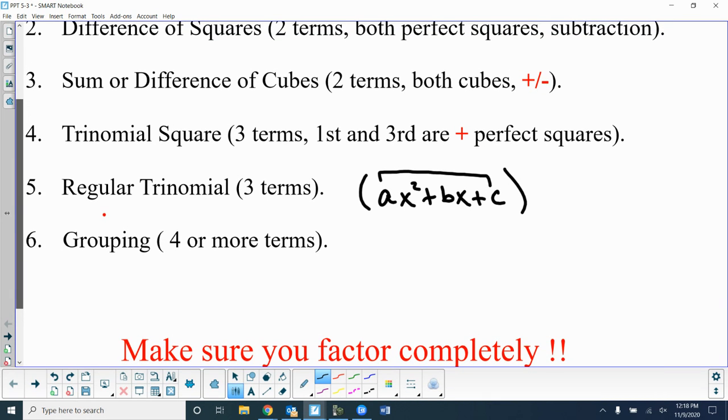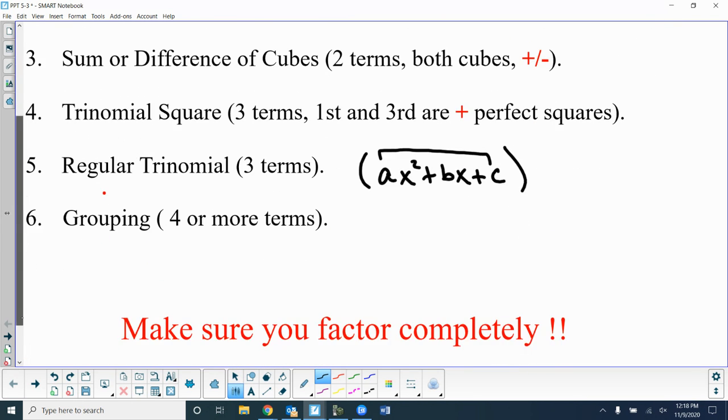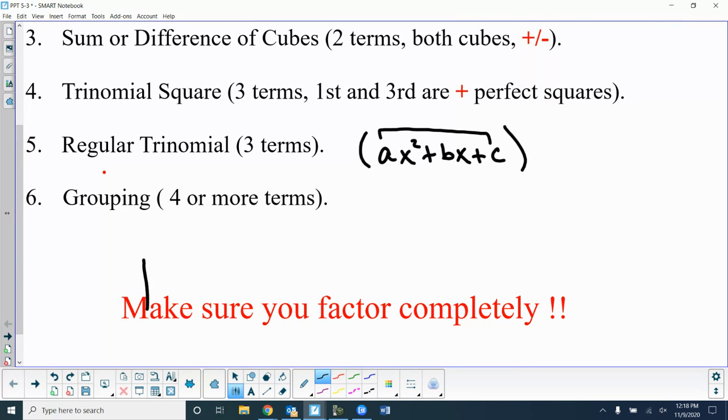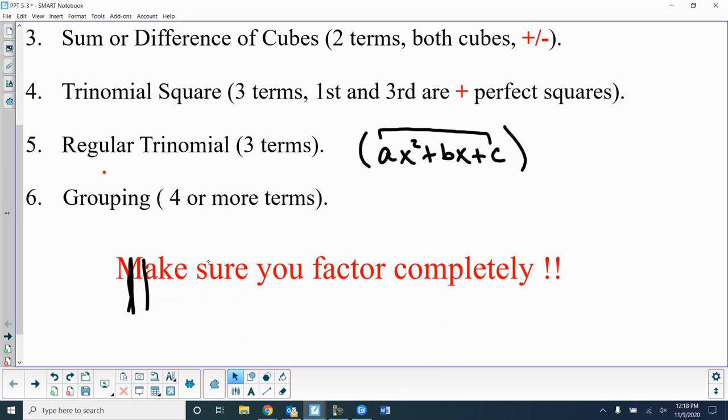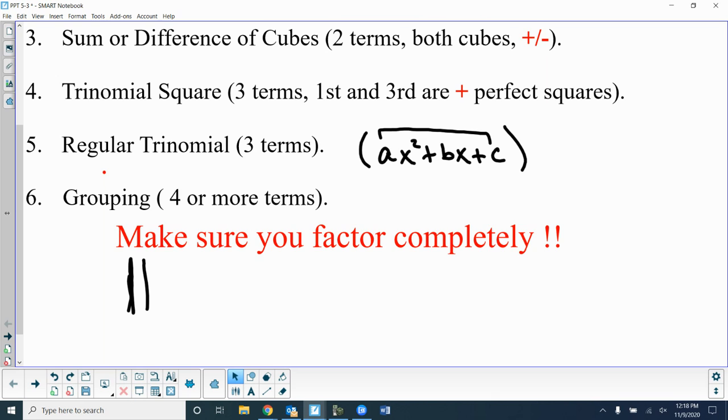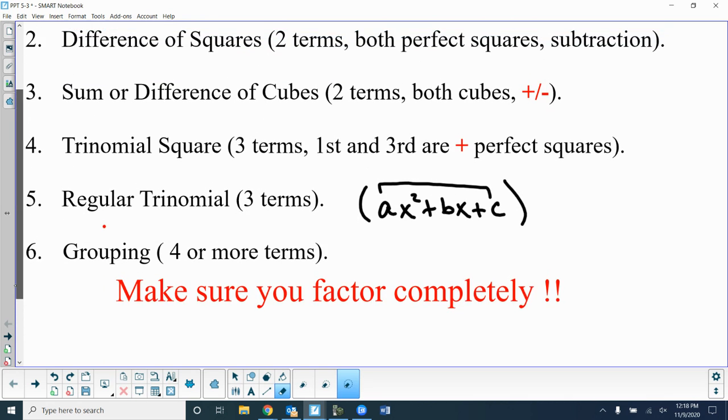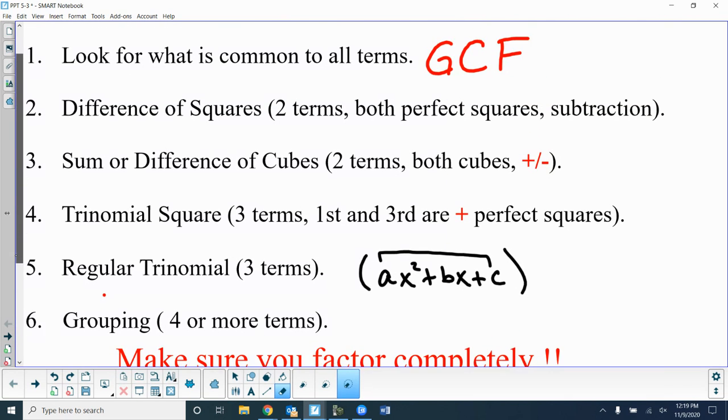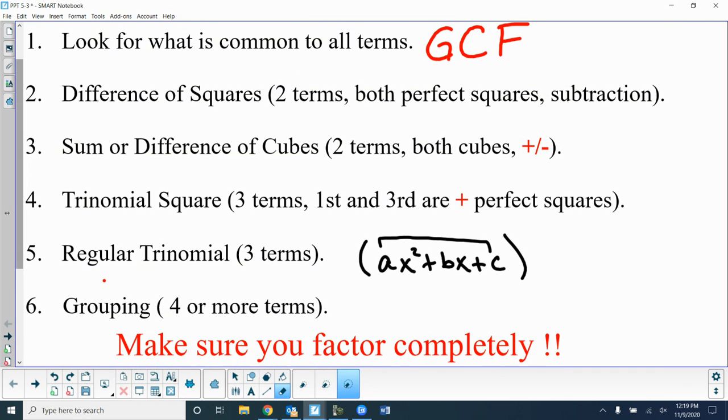Okay? So that's my thought process. All right, so that's how I think through a factoring problem.